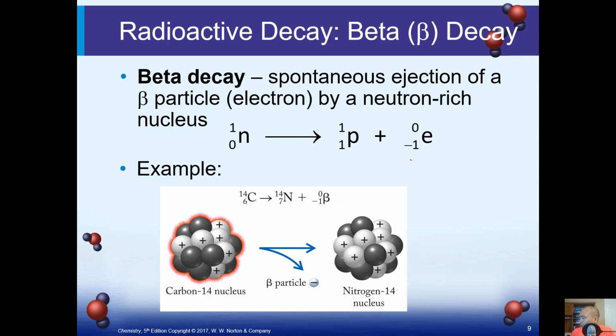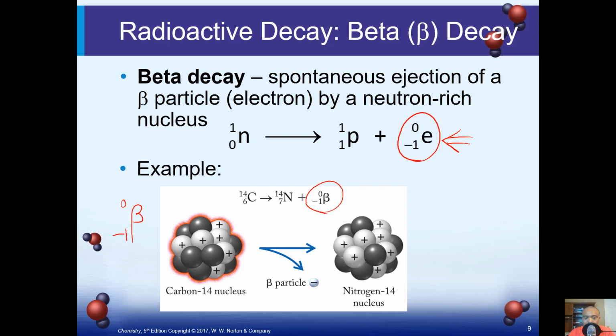Beta particle is the same as an electron. It's also noted as beta with subscript -1, which indicates the charge, and 0, which is the mass number for an electron. Beta particle can also be indicated as the same as an electron.